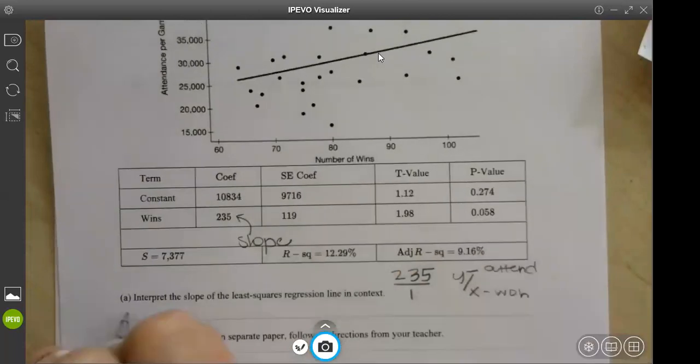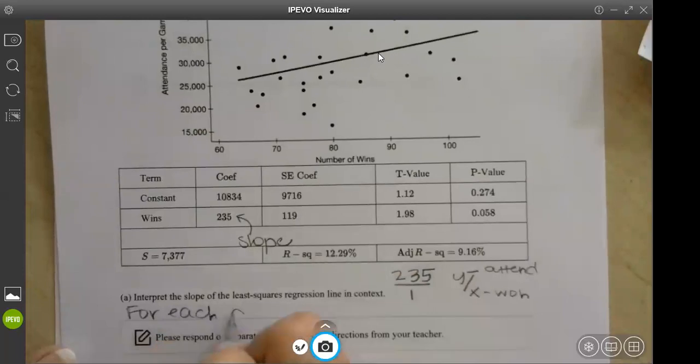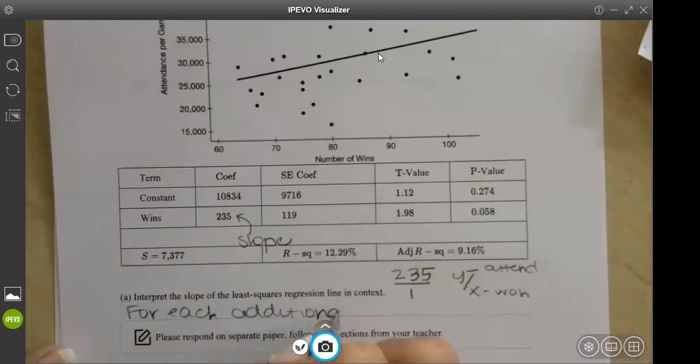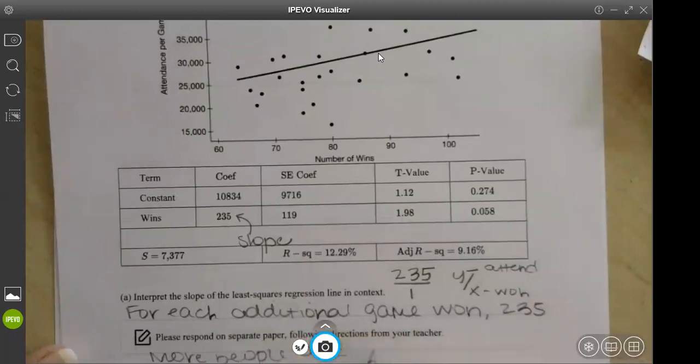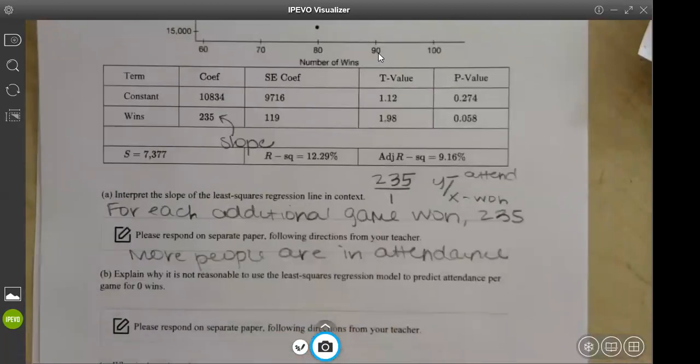So for each additional game, 235 more people are in attendance. Or it increases by 235.